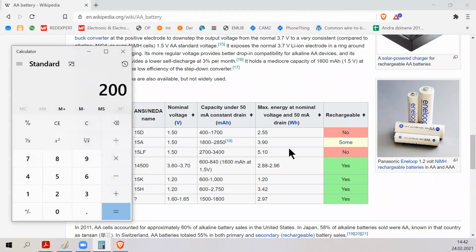So if we have 2000 milliamp hours and we divide by 2 milliamps, sorry, it was 3 milliamps, for example, 3 milliamps, we get 666 hours divided by 24 hours. It's just 27 days. So if we had a device that was running at 3 milliamps all the time, we would need to change the battery every month.